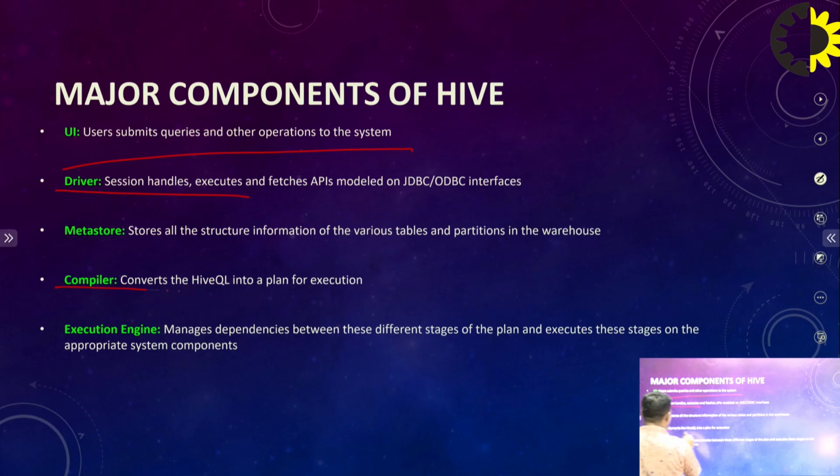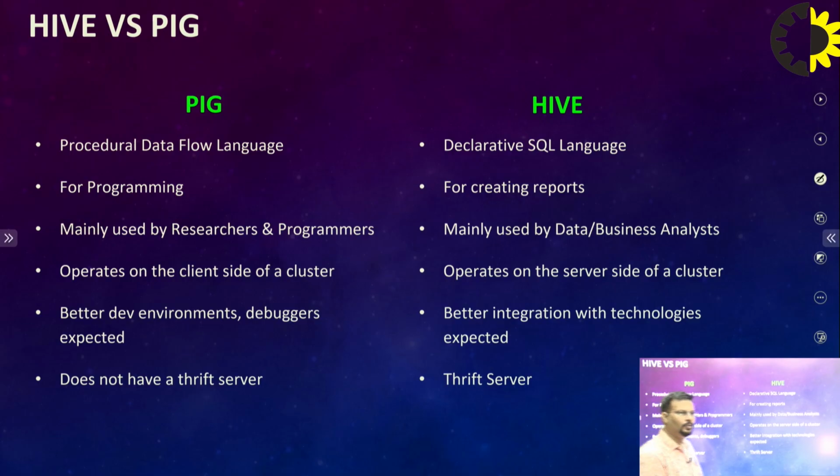Next, the compiler converts HiveQL into a plan for execution. Next, the execution engine manages dependencies between the different stages of the plan and executes these stages on the appropriate system components.